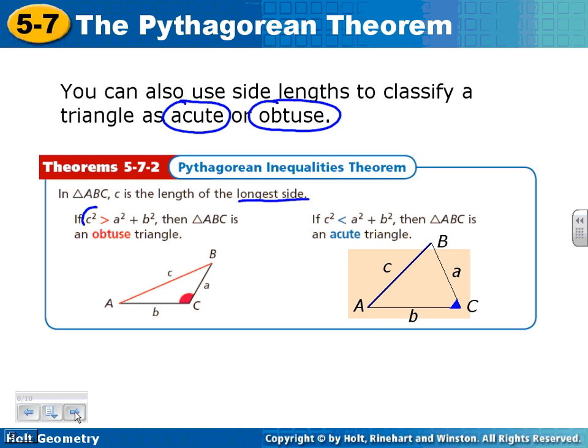If c squared is greater than a squared plus b squared, then we have an obtuse triangle. But on the other side, if c squared is less than a squared plus b squared, we don't have obtuse, but we have an acute triangle.